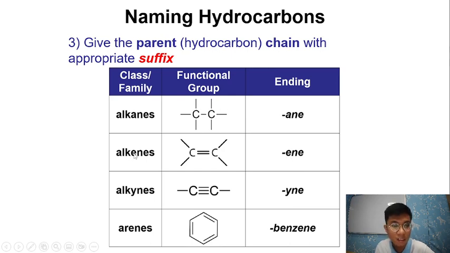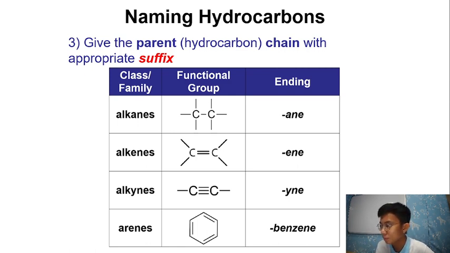Ene para sa mga alkenes, yung may mga double bonds. And then, yne para dun sa ating alkynes, yung may triple bond. Now, for arene, yung may benzene ring, ang ending ay benzene. Okay? Yun yung gagamitin nating suffix para dito sa apat na hydrocarbons.